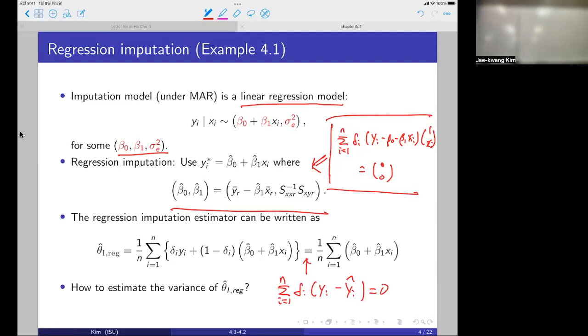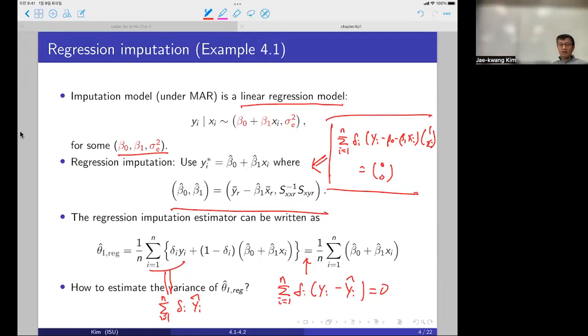So the summation of this among delta i equal to 1 is, basically, the summation from 1 to n of delta i yi hat, and then this is also yi hat. So basically it's just a summation of all yi hat.